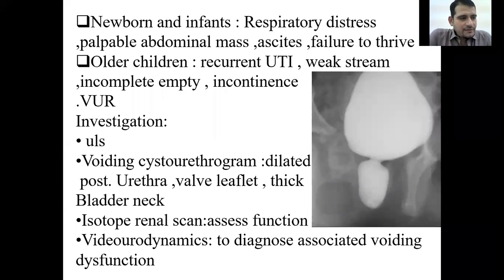Investigation to identify it: at first we start with the ultrasound for diagnosis. Then the voiding cystourethrogram, VCUG. It shows a dilated posterior urethra, valve leaflet and thick bladder neck.